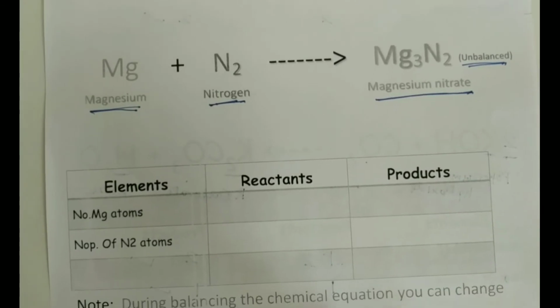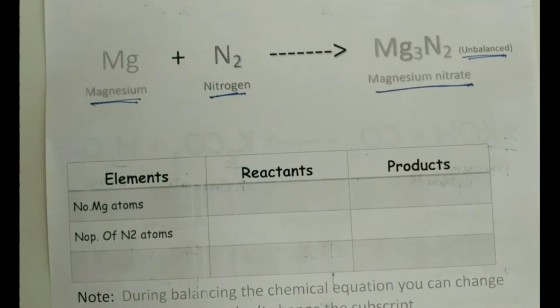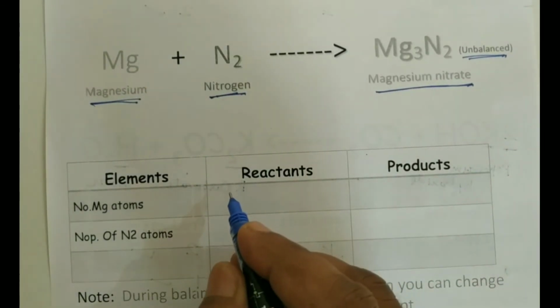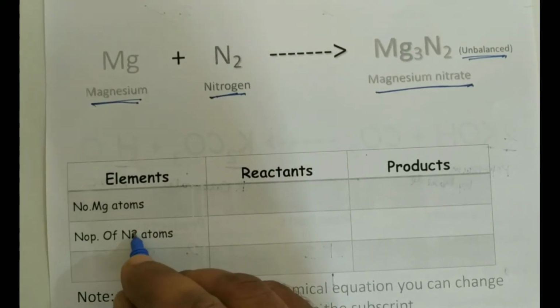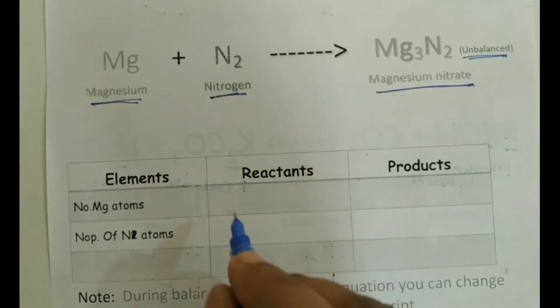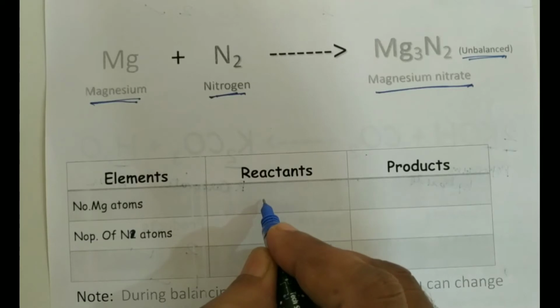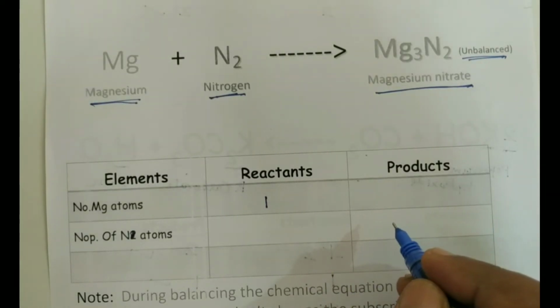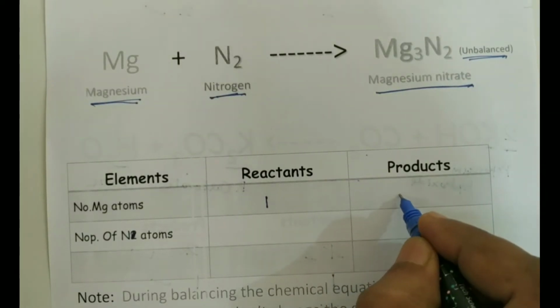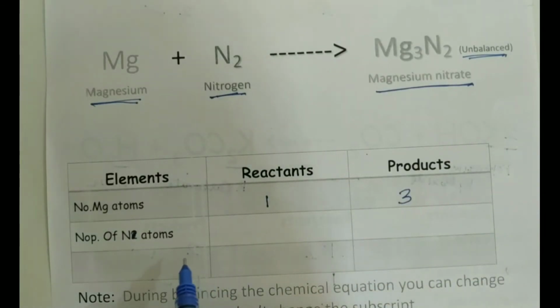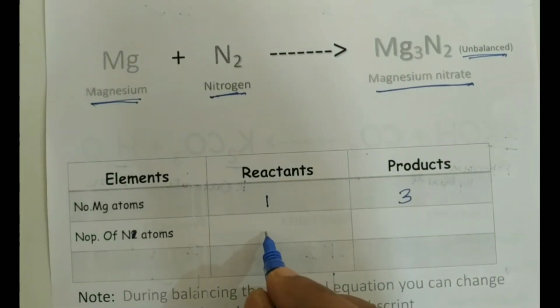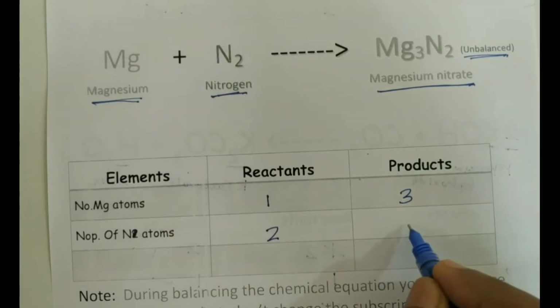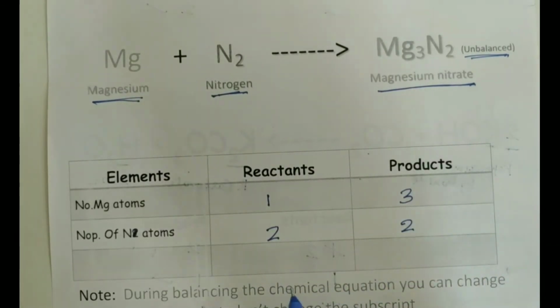First, the elements: magnesium is there and nitrogen is there, right? How many magnesium are there here? 1 magnesium is there. I will write 1. And next here, what is there? 3 are there. So Mg3 is there. Number of nitrogen atoms here 2, here also 2. So they are balanced now.